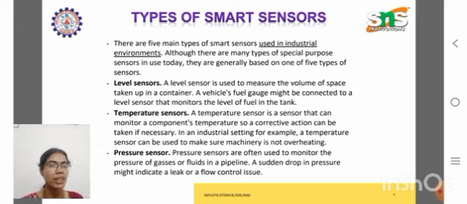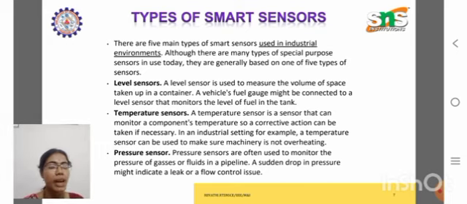Temperature sensors. A temperature sensor is a sensor that can monitor a component's temperature, so a corrective action can be taken if necessary. In an industrial setting, for example, a temperature sensor can be used to make sure machinery is not overheating.